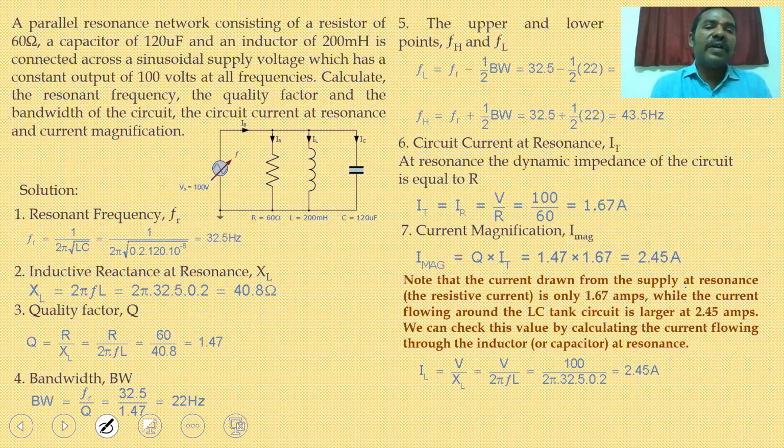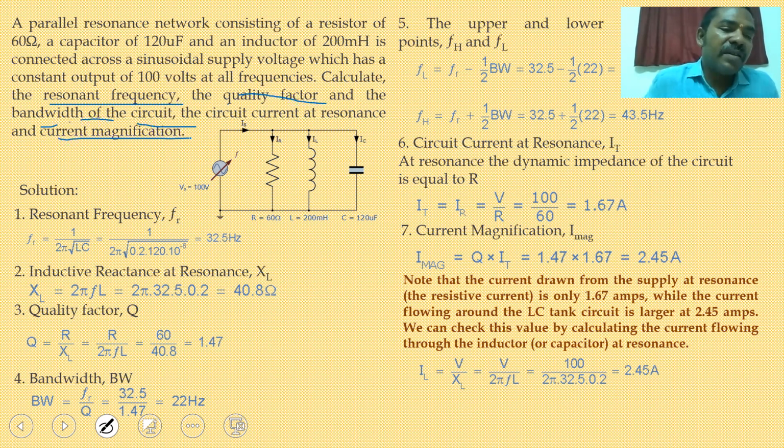A current of Is will flow through the circuit. IR is the current flowing through the resistor, IL is the current flowing through the inductor, IC is the current flowing through the capacitor. Your question is to find the resonating frequency, quality factor, bandwidth of the circuit, and current magnification factor at resonance condition.